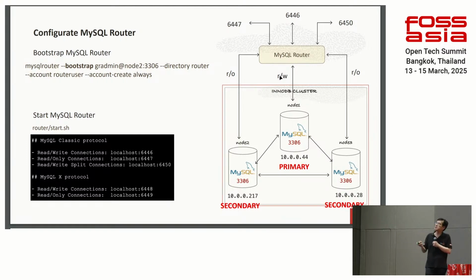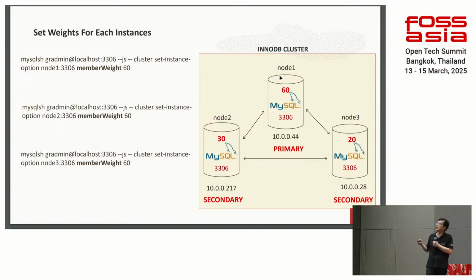And the next thing is to configure the router. First, use MySQL Router to bootstrap the router and specify any node to connect to and create the metadata schema. And once bootstrapped, we start the router. The router will know that there are 3 nodes within the cluster and which node is the primary node.